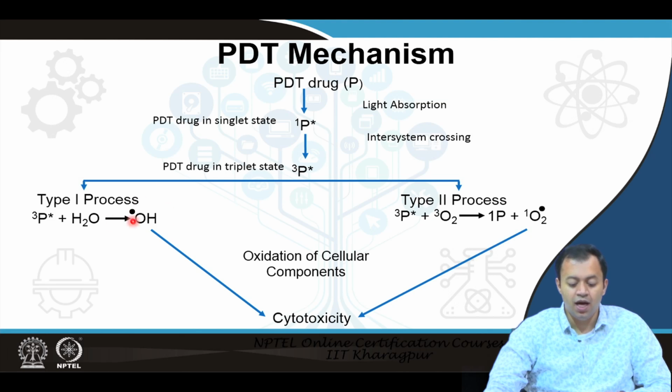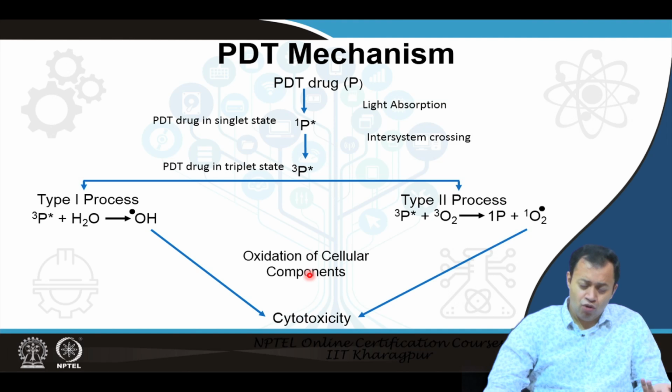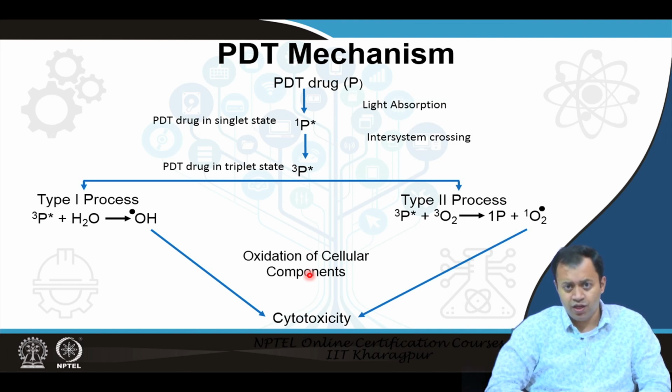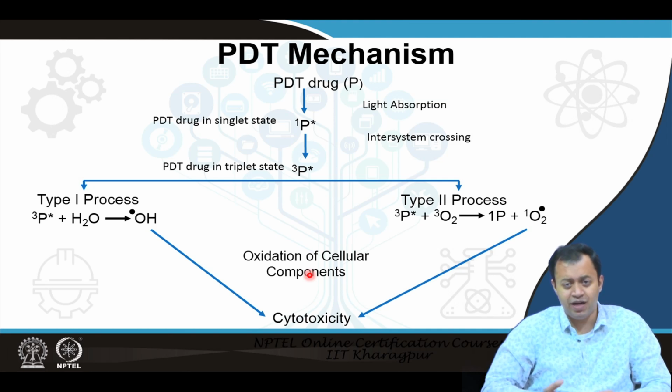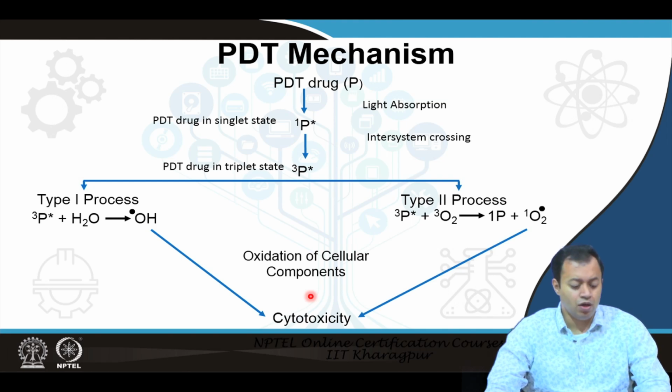So, these are the free radicals that will impinge upon certain cellular components, mitochondria, cell membrane, etc., destroy them, and the destruction of one such vital cell organelle will result in destruction of the entire cell, even if the cell is tumorous, even if the cell has undergone metastasis, even if the cell is showing mutation, even if the cell is cancerous and what not. You destroy a certain part of it and it simply falls out.